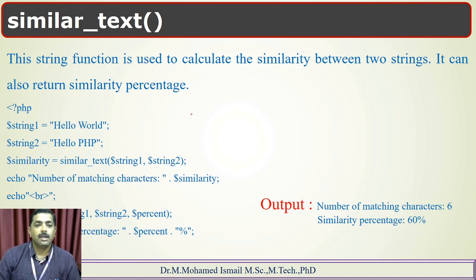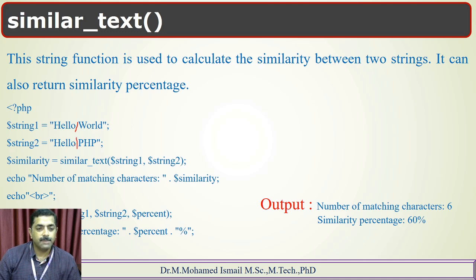Similar text is used to calculate the similarity between two strings, and it can also give the similarity percentage. So here I have taken 2 strings, hello world and hello PHP. In similar text, string 1, string 2, I am comparing the number of matching characters: 6 characters, 1, 2, 3, 4, 5, with this space also it is considering, so it's 6 characters.